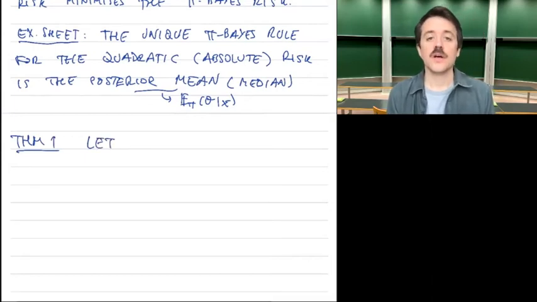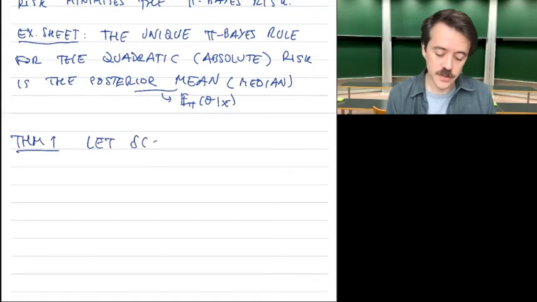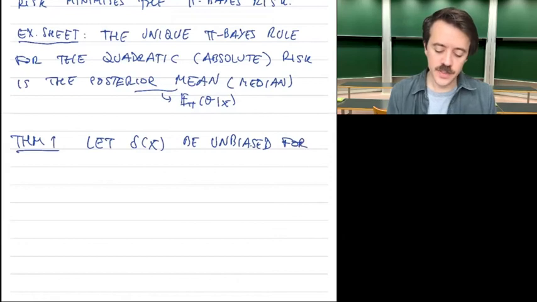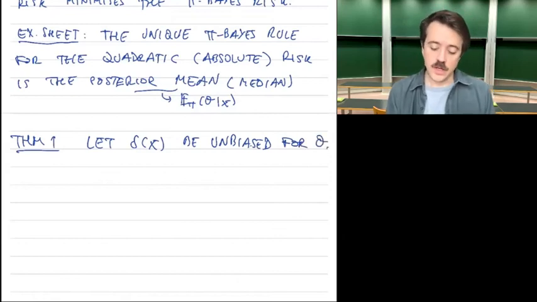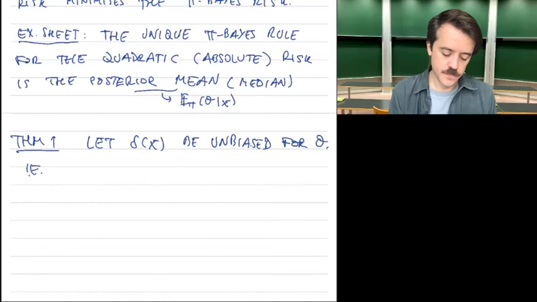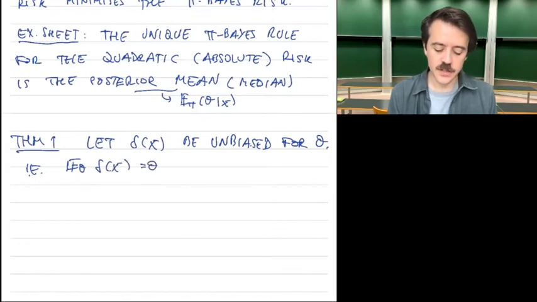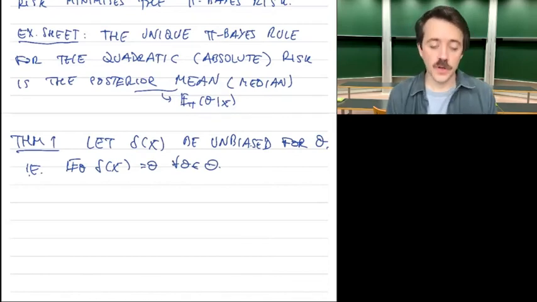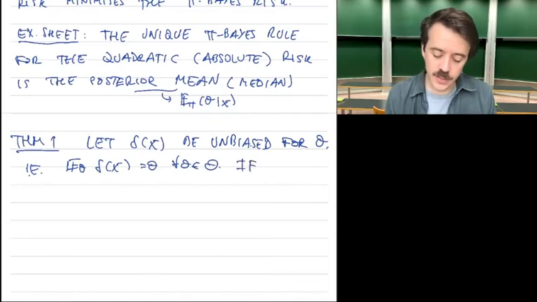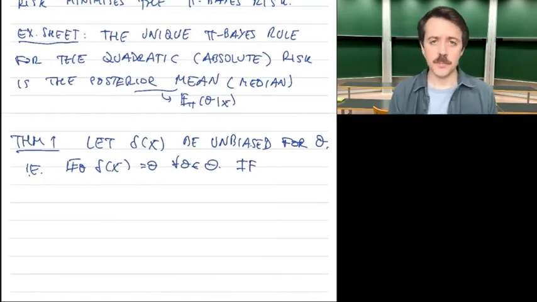Let delta x be unbiased for theta, i.e., what I mean is that the expectation under p theta of this delta is going to be precisely theta, and this is for all theta in the parameter space. So we've taken this estimator to be unbiased.